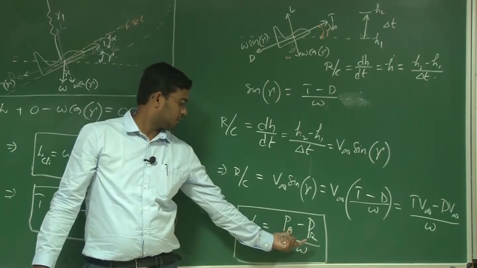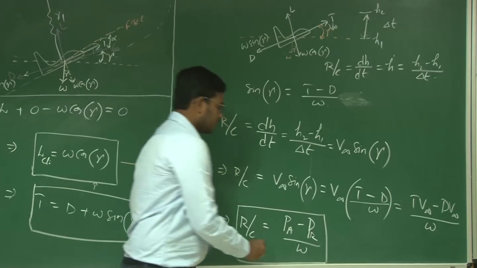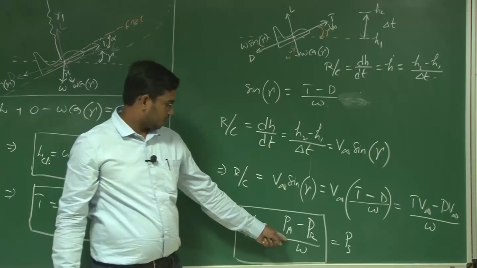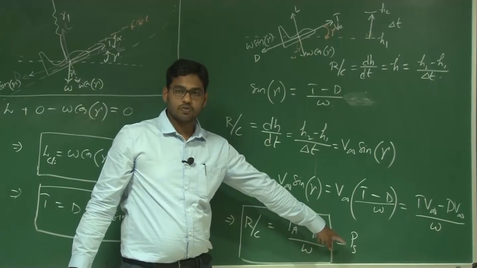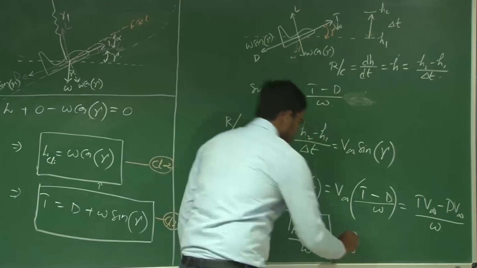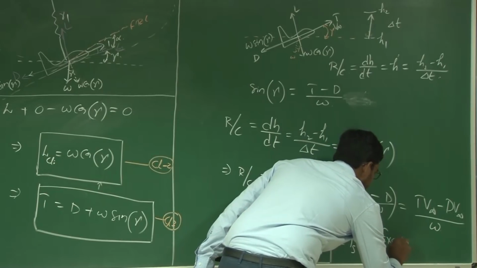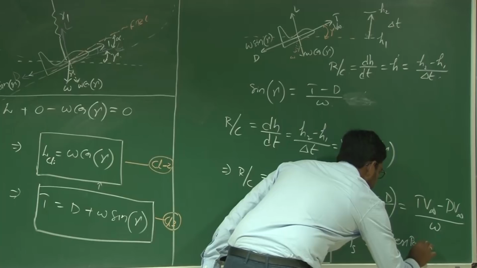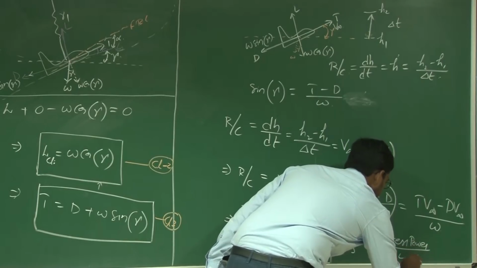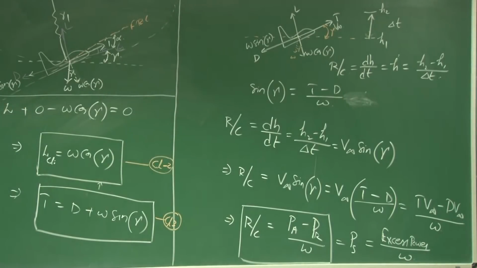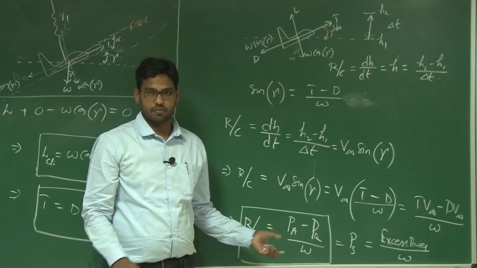The difference between available power and required power is known as excess power, and divided by W it is the specific excess power. So rate of climb depends upon excess power. The higher the specific excess power, the greater is your rate of climb.